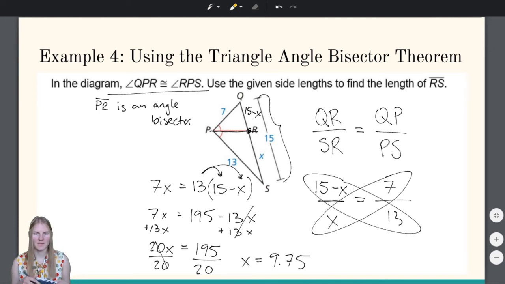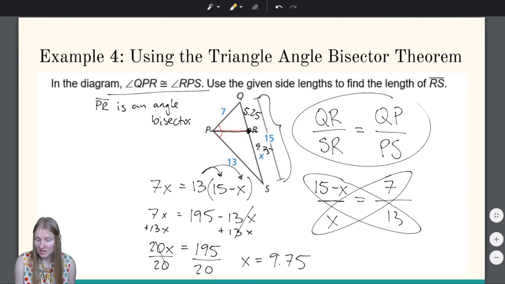A decimal. That's weird. Usually we don't have decimals. How can I check and make sure that this decimal is correct? How can I make sure that I haven't done something wrong? Well, if x is 9.75, that means that SR is 9.75, and it means that QR is 15 minus 9.75, or 5.25.